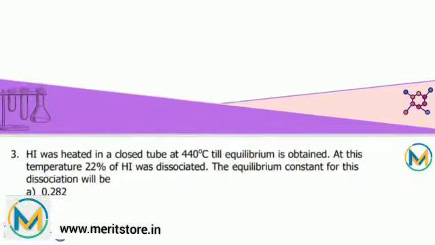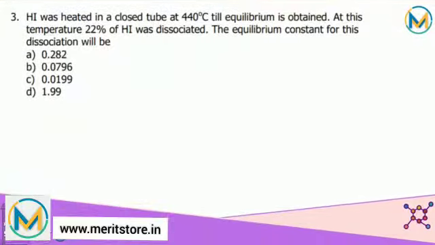Looking towards the next question, HI was heated in a closed tube at 440 degrees Celsius till equilibrium is obtained. At this temperature, 22% of HI was dissociated. The equilibrium constant for this dissociation will be. So here we know that 2 molecules of HI are in equilibrium with hydrogen and iodine.